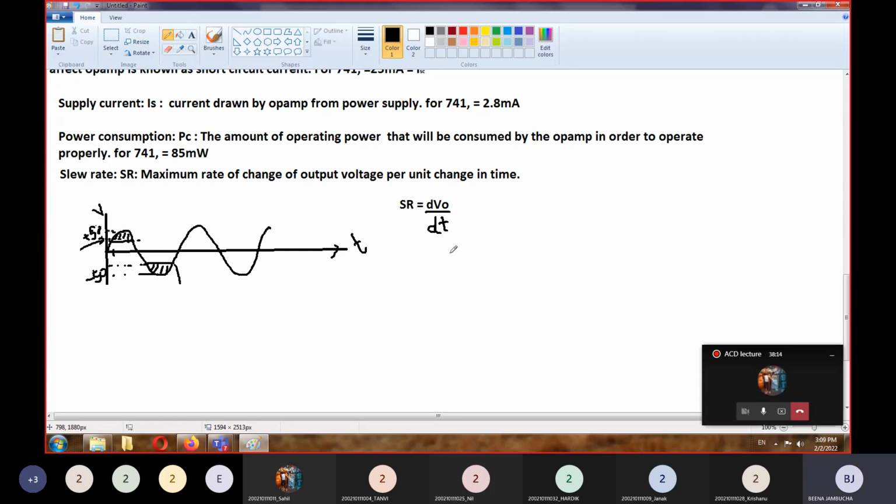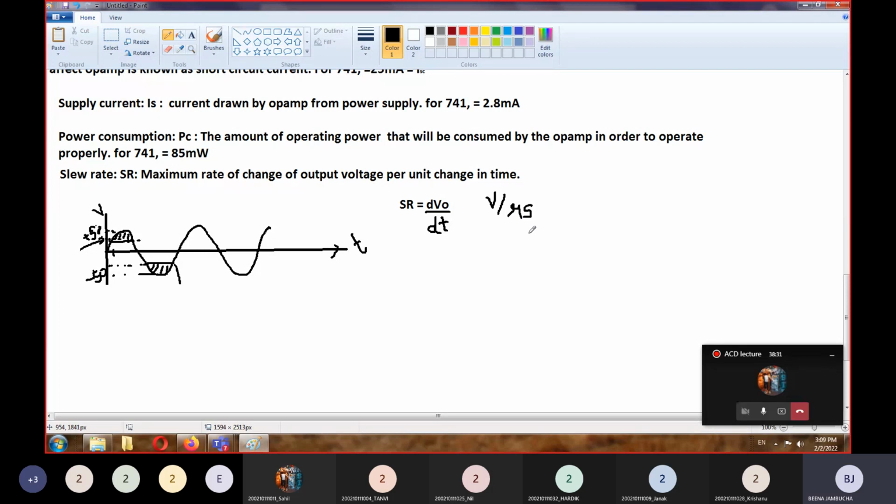Obviously, this value will be volt per time, but as this time is in terms of microseconds, we will call it volt per microsecond.